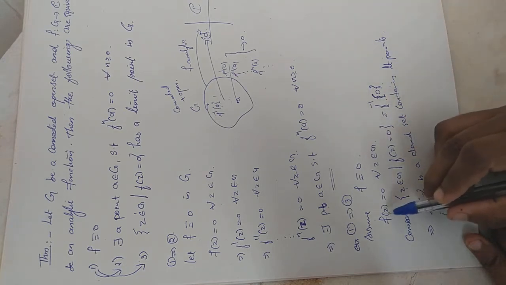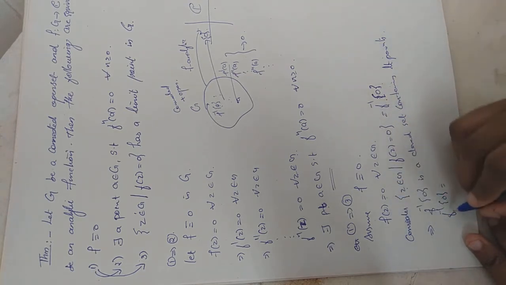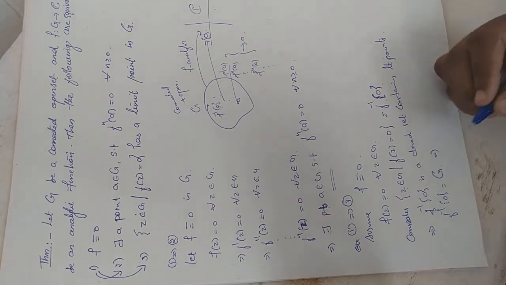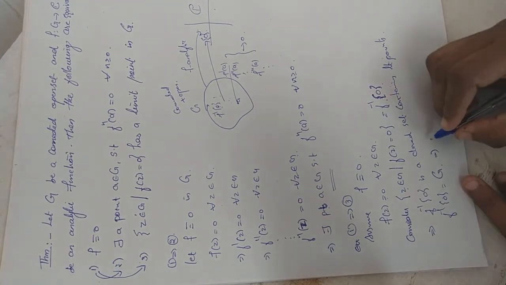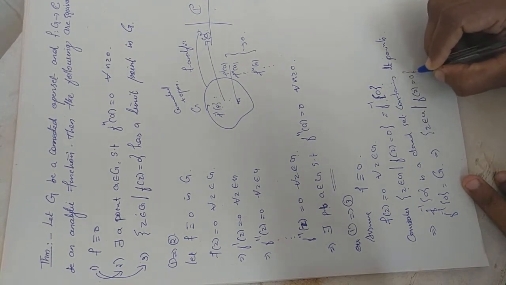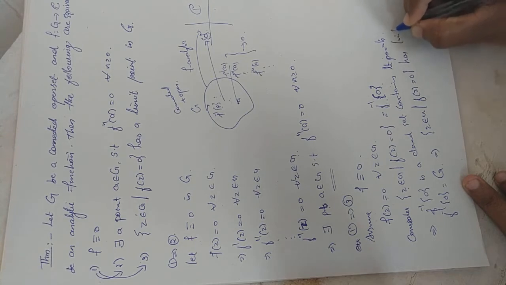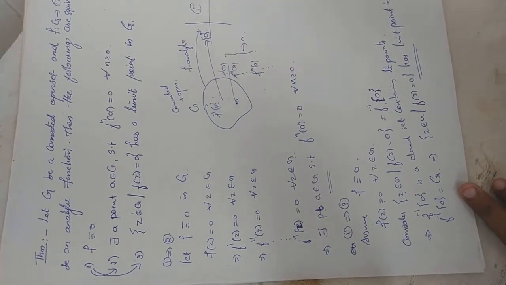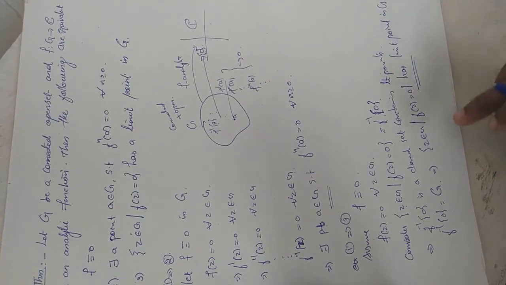So you can see that f of z is equal to 0 for every z in G, so this is nothing but G. Which implies it has a limit point in G. The set of all z in G such that f of z is equal to 0 has a limit point in G.